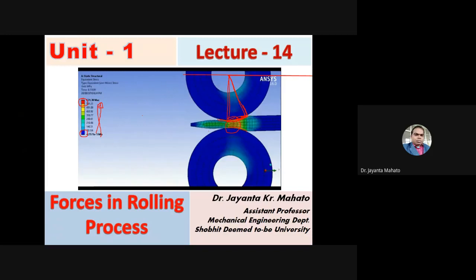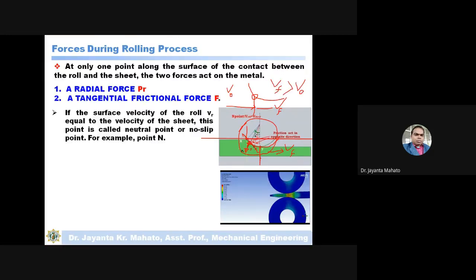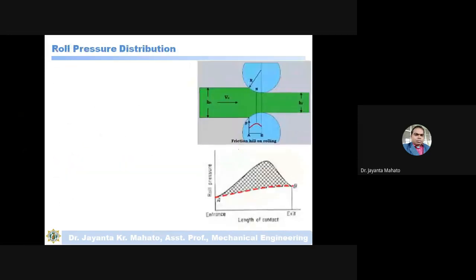The pressure in this contact zone is not uniform. The distribution is like this: at the entrance point the pressure is less, and it increases up to the neutral point, and then it decreases again like this. But at the neutral point, there is actually a peak value.